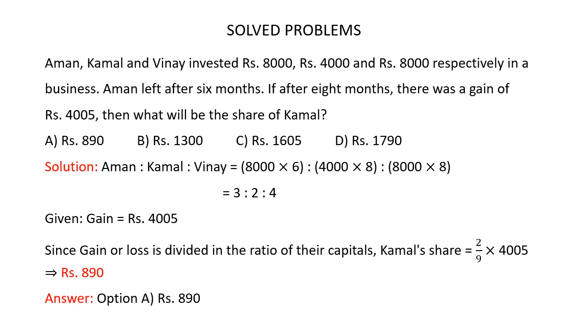So out of 9 parts, Kamal's share is 2. So out of the total profit of 4,005, Kamal's share will be 2 by 9 multiplied by 4,005, which is 890. So Kamal's share of profit is rupees 890. So the correct answer is option A, rupees 890.